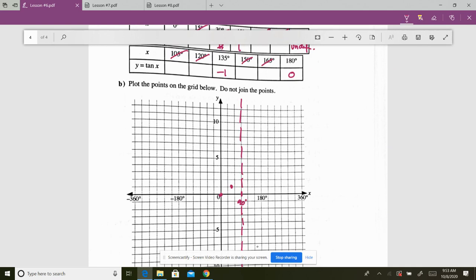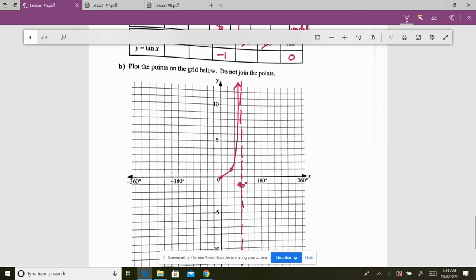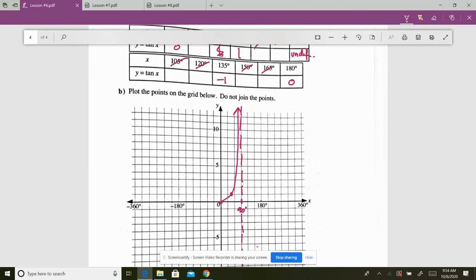So the graph goes like that. At 180, it's 0. And if you kept going, at 270 you get another vertical asymptote.